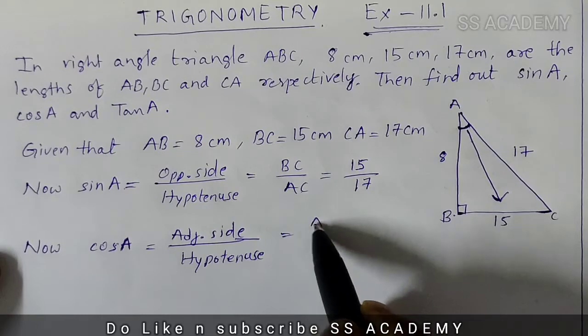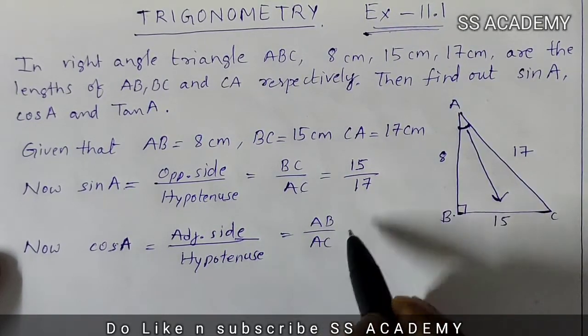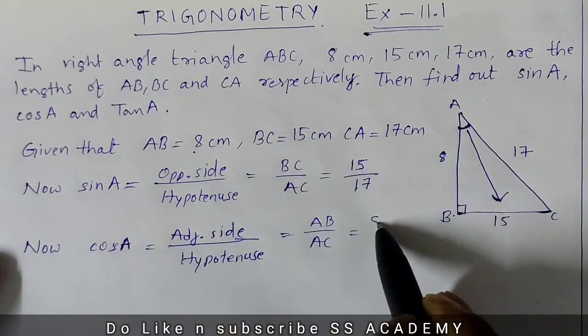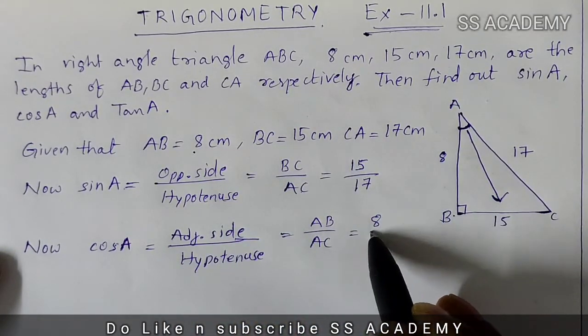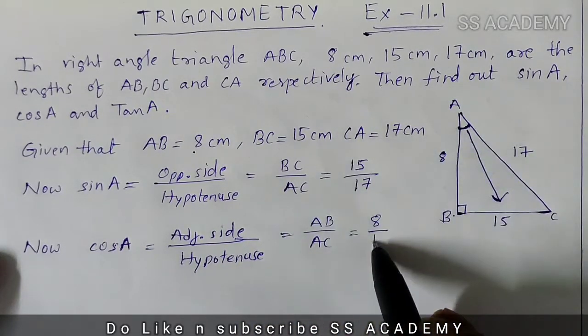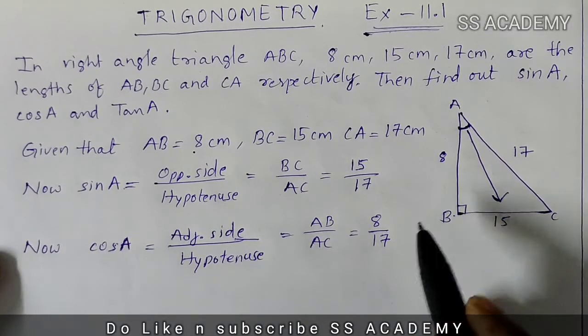So AB by, you know that AC is the hypotenuse. Now AB equals 8 centimeters and the hypotenuse AC equals 17 centimeters. So the answer is 8 by 17.